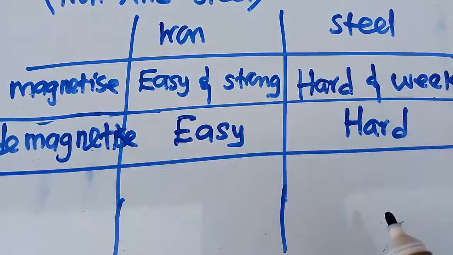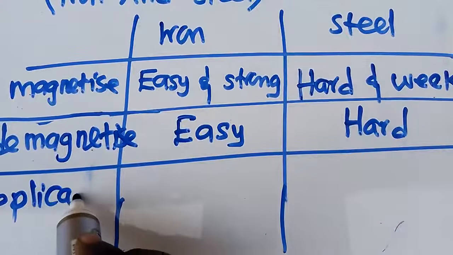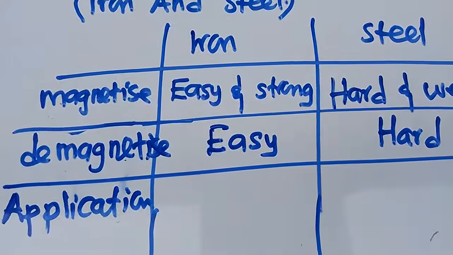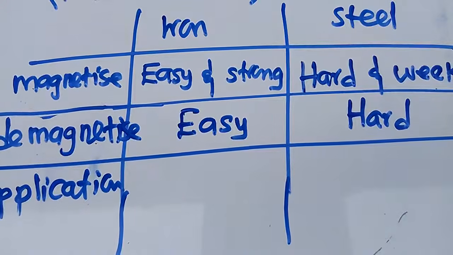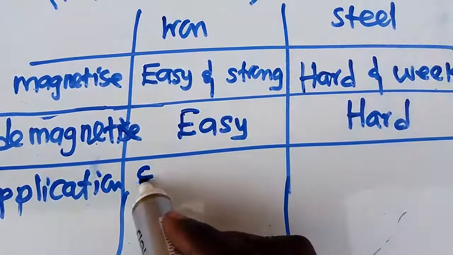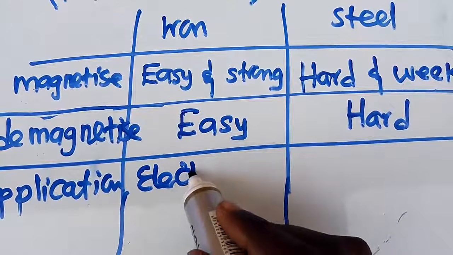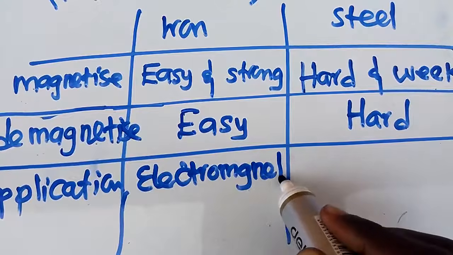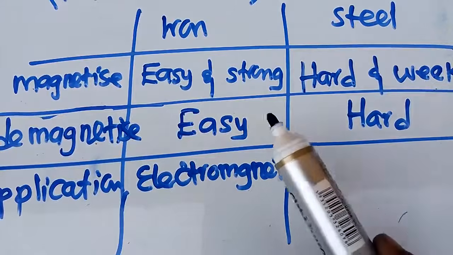We move to the other part, which is application. Where do we apply them? Where do we get to apply these? You discover that we use iron in electromagnets.